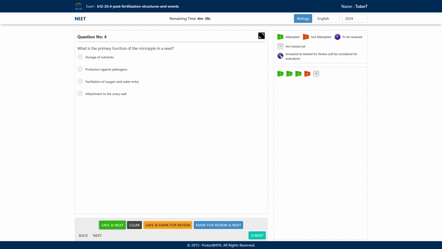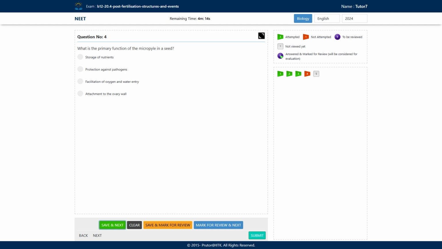Protection against pathogens. A hard seed coat is there that provides protection to the seed and does not allow any pathogen to enter inside the seed, right? So this is again not the function of the micropyle. Coming to option C, facilitation of oxygen and water entry.